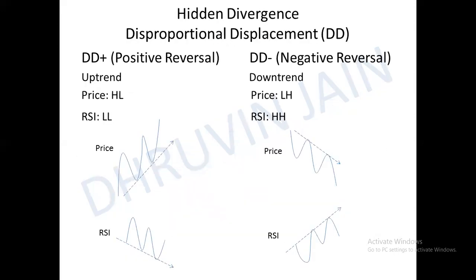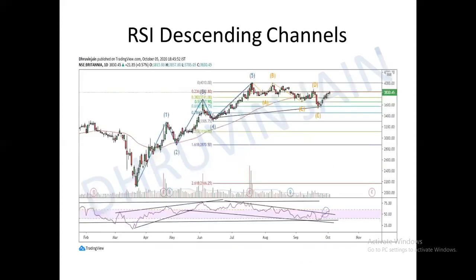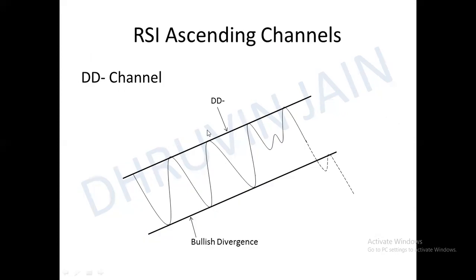So in DD minus, price is making a lower high, whereas the RSI is making a higher high. That is our continuation of trend divergence. DD minus is nothing but a trend continuing divergence.